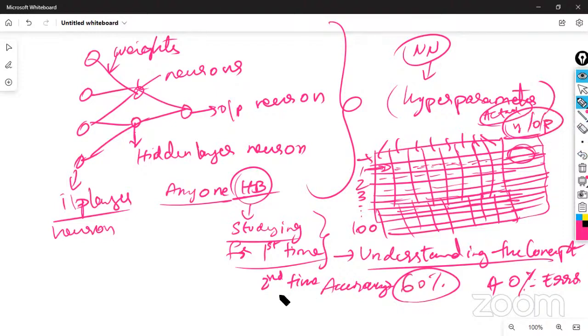It becomes 60-40. Next again, third time. What is the accuracy? Third time, again at least 10% it increases and the error decreases. Fourth time, fifth time, and it keeps increasing. So that is what we are doing.